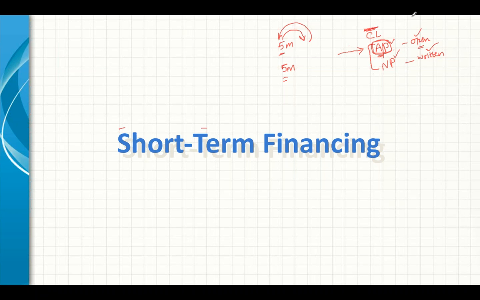When you go to a bank to borrow some money for a period of say 3 to 6 months, there are lots of rules, regulations, and formalities to be followed. But in the case of accounts payable, it is not like that. It is a spontaneous credit. A spontaneous credit example is accounts payable and trade credit.